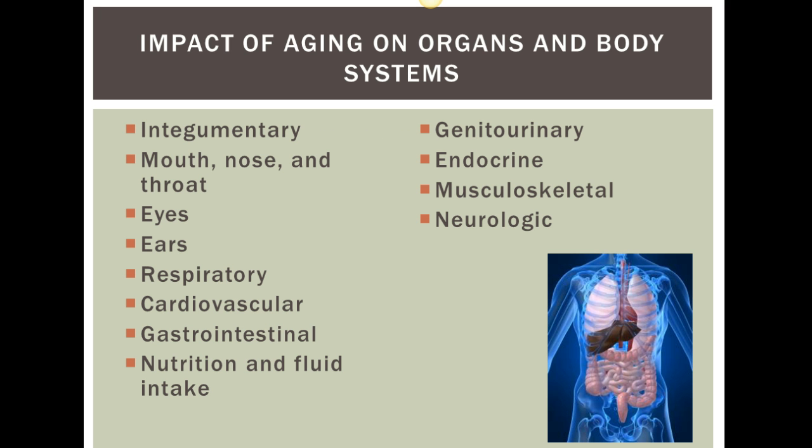We're going to look at that in this slide, which is the impact of aging on organs and body systems. With the skin, there is lentigo senilis, which is liver spots, due to melanocyte distribution. Wrinkles occur with a loss of elasticity and subcutaneous tissue. Baldness can occur in both men and women, and it has genetic factors.